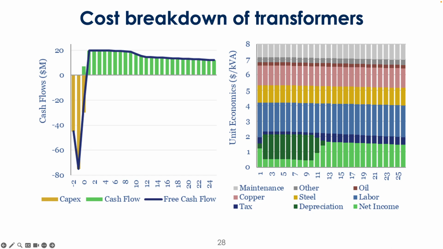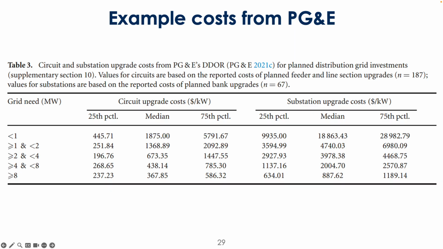So the cost for these things can vary wildly. Just to give a rough example, this is from a particular study out of Berkeley where they were looking at rough upgrades to circuitry. This can include some of the conductors, but it is mainly the transformers, and it gives you some sense of the cost to upgrade as you need more and more electricity on the demand side, on a per kilowatt basis.